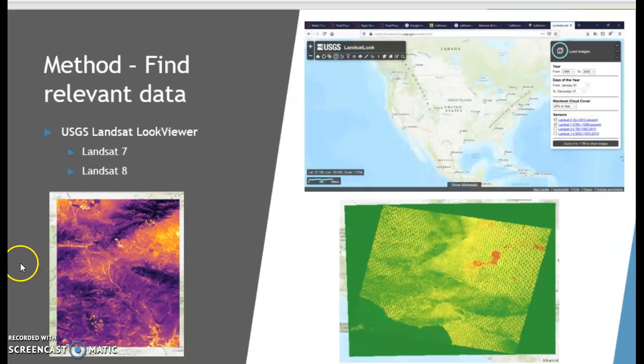In terms of finding relevant data, there were a few other places that I went to look. For the purpose of showing the change over time of my study area, I went to the USGS Landsat Look Viewer website and downloaded Landsat 7 and Landsat 8 imagery. They were about 2 decades apart, so they definitely showed significant change in the vegetation in that area.